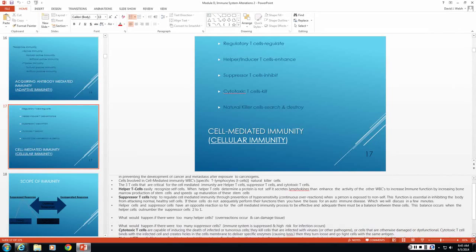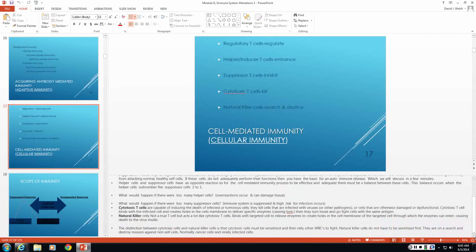So if there are too many helper cells, basically you're going to have an overreaction from the body in response, and tissue damage can occur during this time. Now, the same is also true if there are too many suppressor cells. The immune system is going to be suppressed, and they're going to have a high risk for infection.